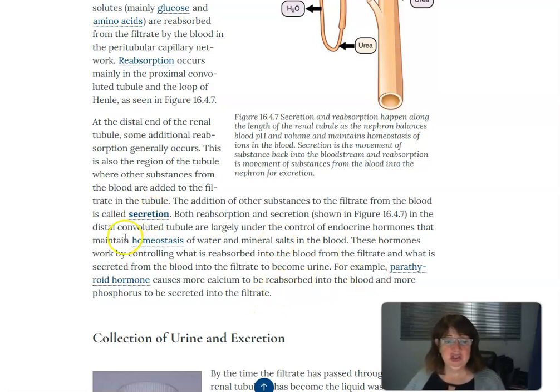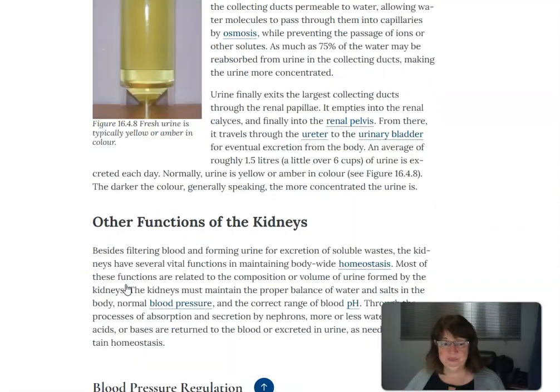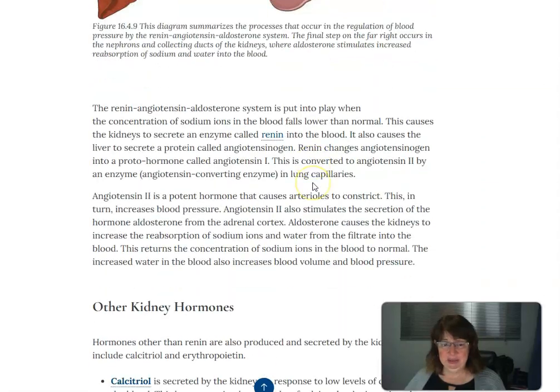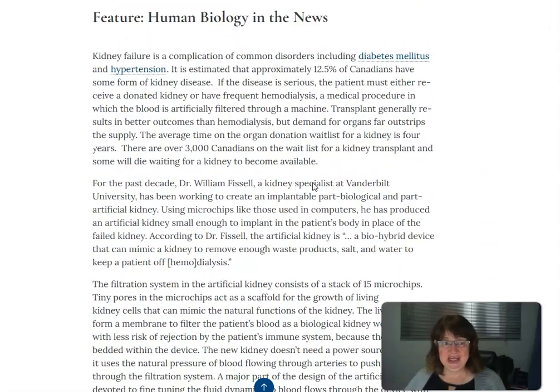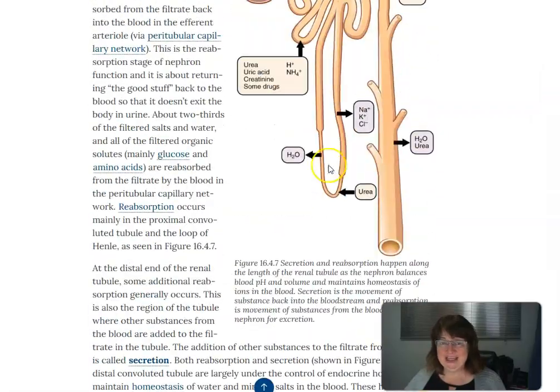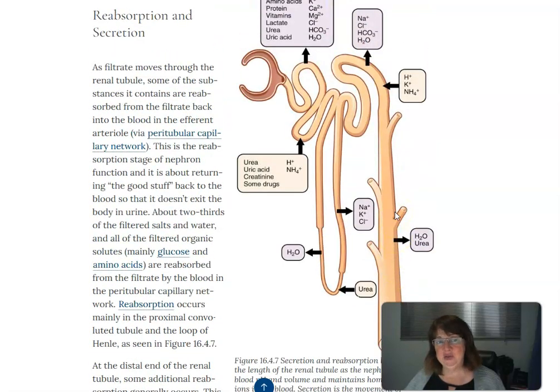If we're controlling the amount of water, we can use antidiuretic hormone or aldosterone, as we talked about earlier. If we're controlling the amount of calcium, that's using parathyroid hormone. It is all regulated by blood pressure, and that will put the good stuff back out of the filtrate and into the blood.